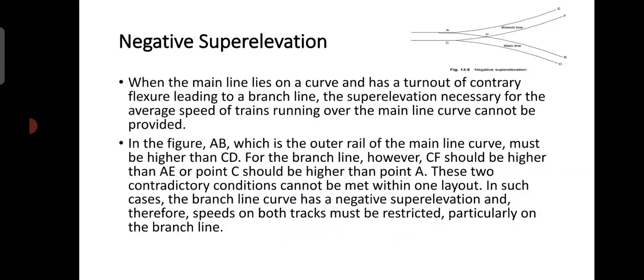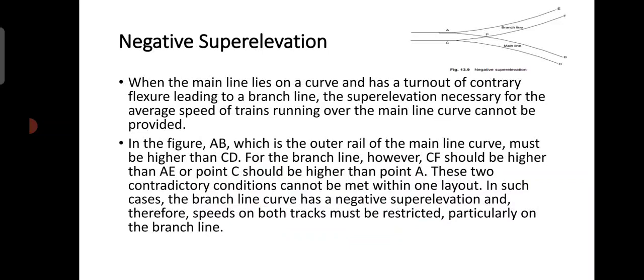Coming to negative super elevation. When the main line on a curve has a turnout of contrary flexure leading to the branch line, the super elevation necessary for the average speed of the trains running over the main line cannot be provided. In the figure, AB is the outer rail of the main curve, and this should be raised higher compared to the inner rail CD.